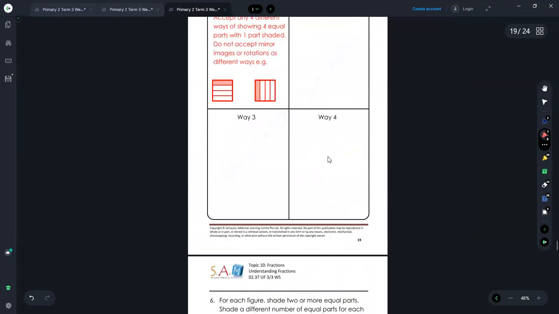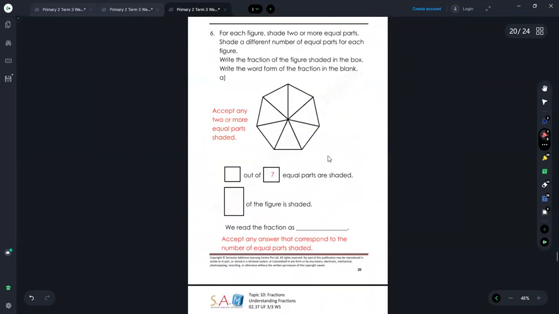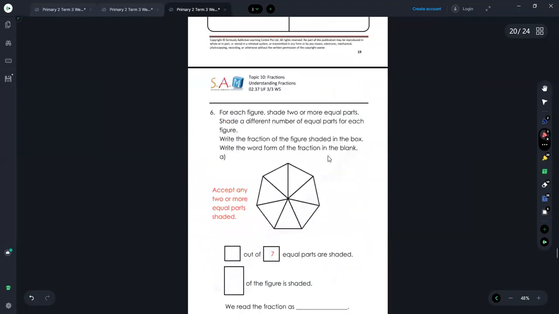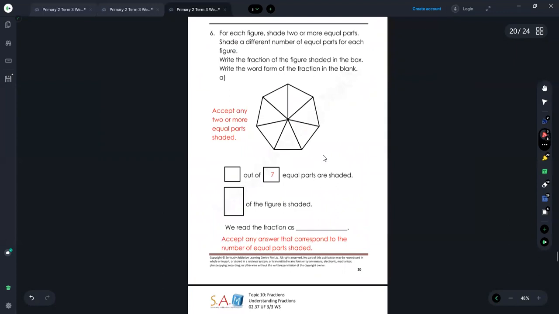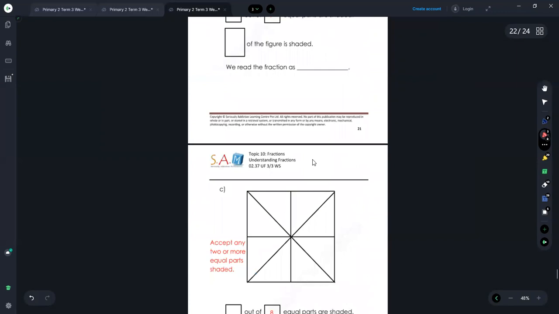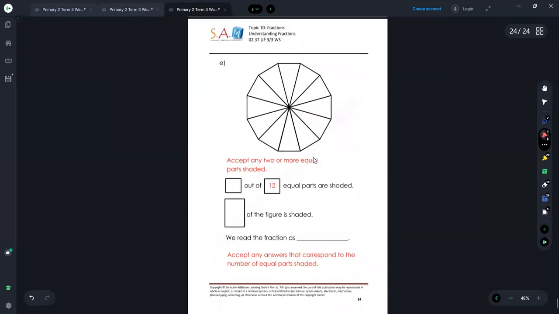Then the rest I think they can do at home. Then perhaps do one last question here, page question 20. They're supposed to write the number of parts. They have to do a different one here. And that's it, I think quite fairly simple.